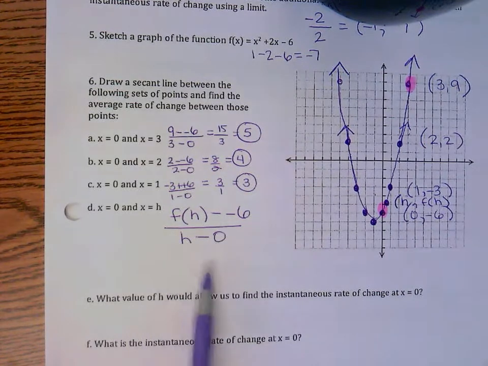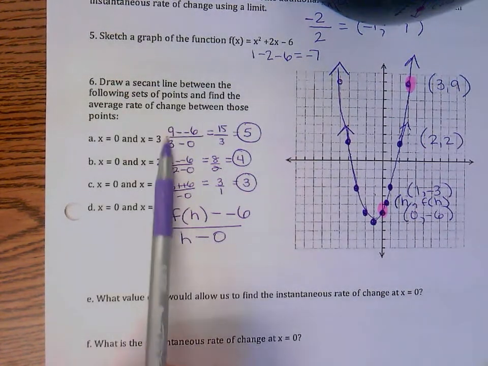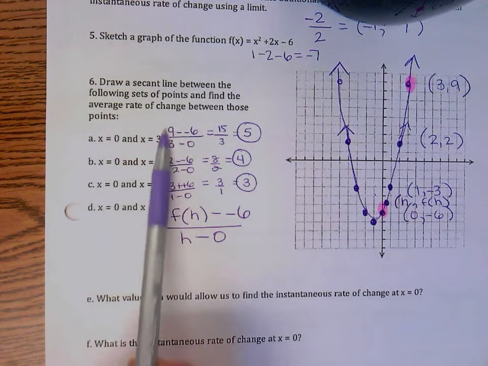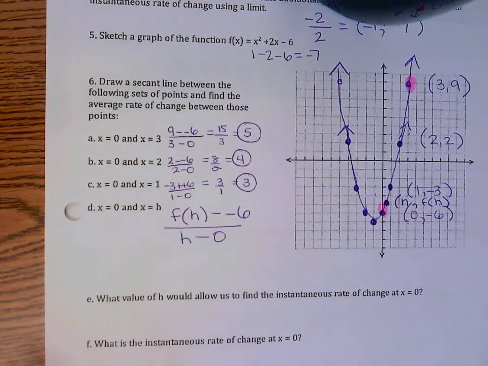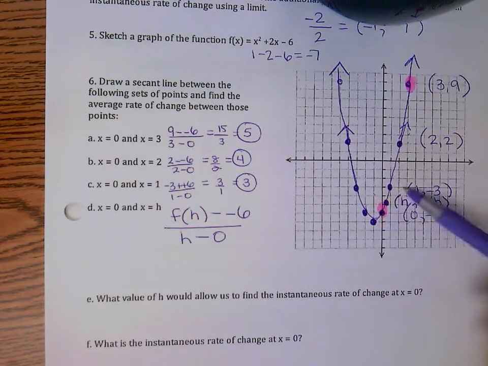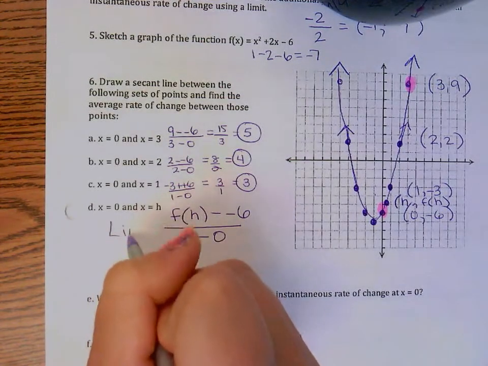So instead of these being coordinates like 3, 9, we're using the coordinate h, f of h. And basically, to find the actual slope of the tangent line, it's the limit of this as h approaches 0.